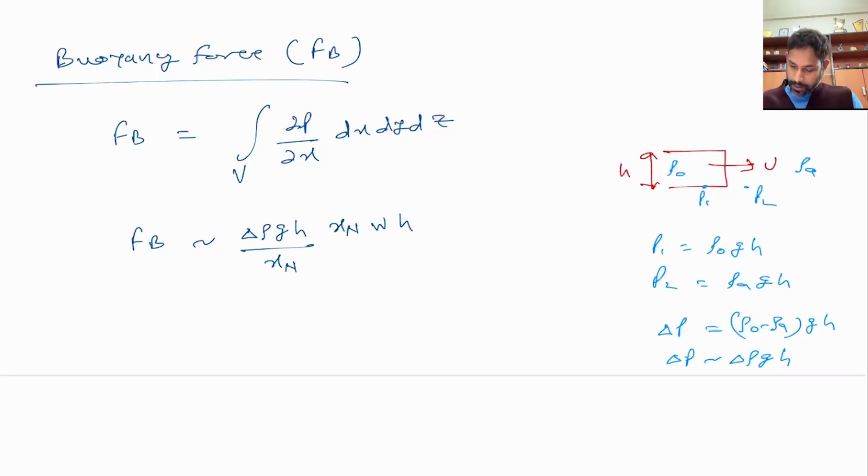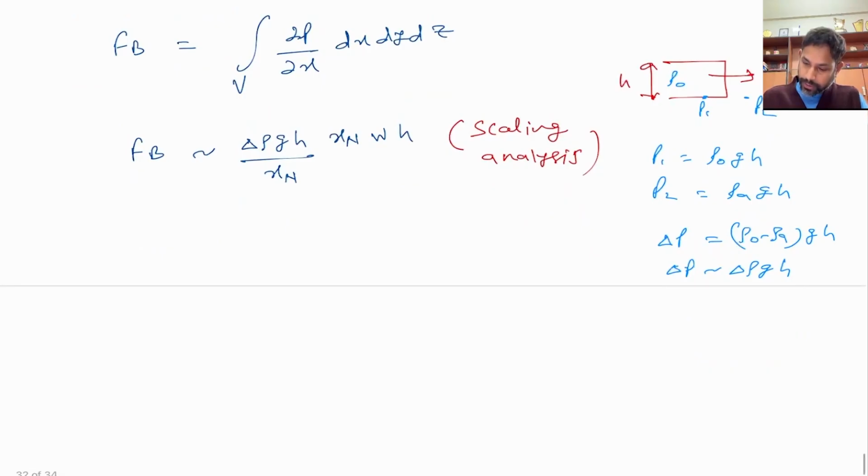Okay, and this again is coming from scaling analysis, where in scaling analysis, instead of considering a small element, we consider the complete flow domain. Based on that we find the equation where we convert that into an equivalent sign, and later we'll convert that into an equal sign by considering some prefactors.